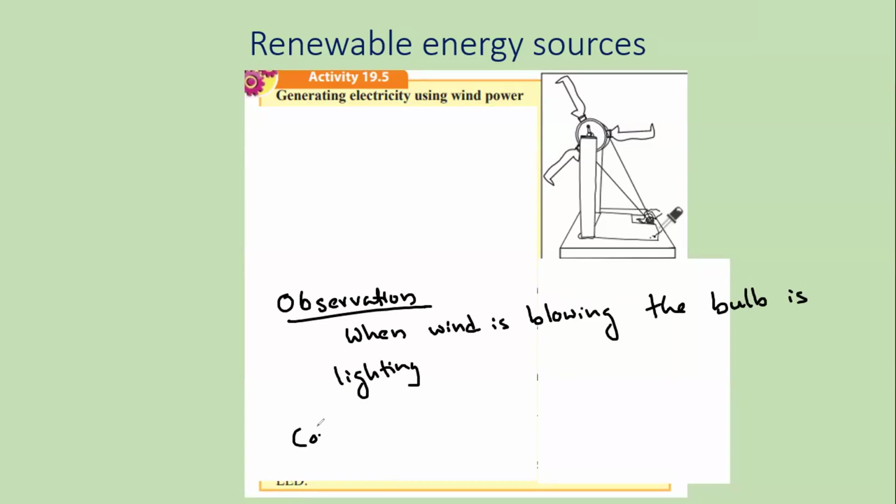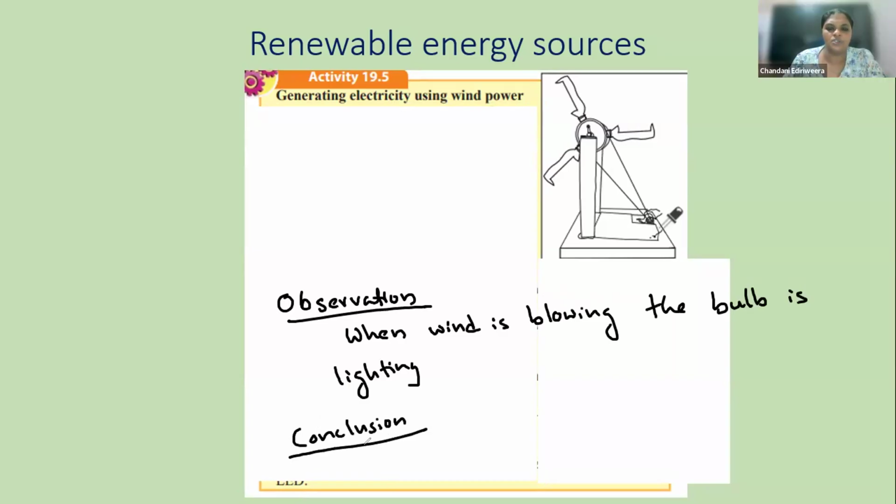Madam, we need to draw. Conclusion. We'll draw the diagram. Conclusion: when the wind is blowing, the electricity is producing.